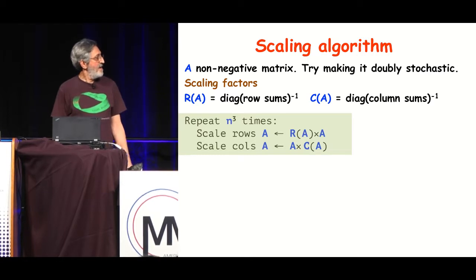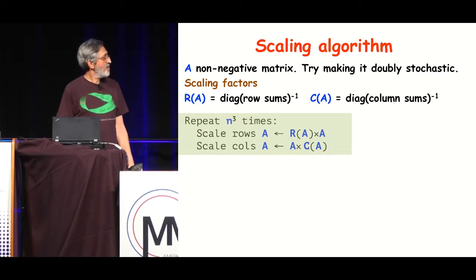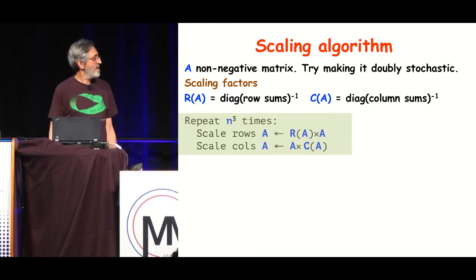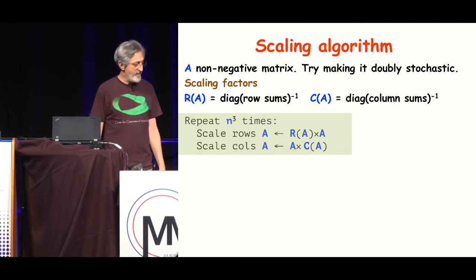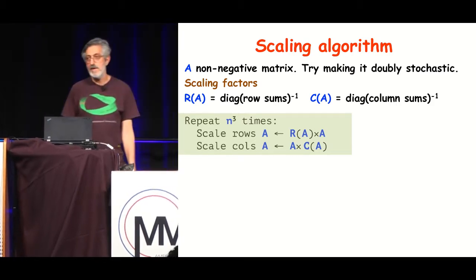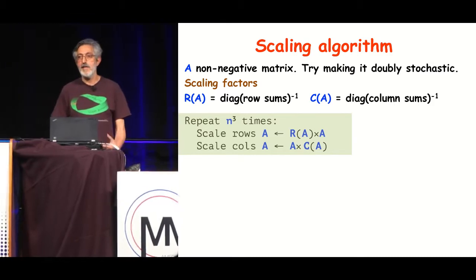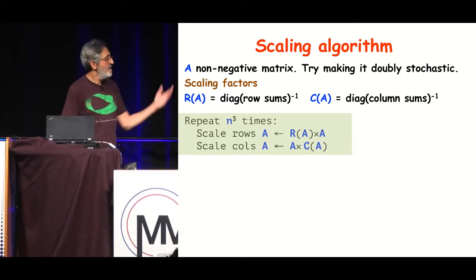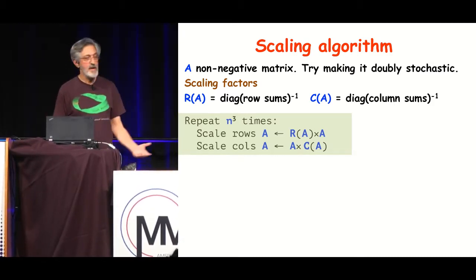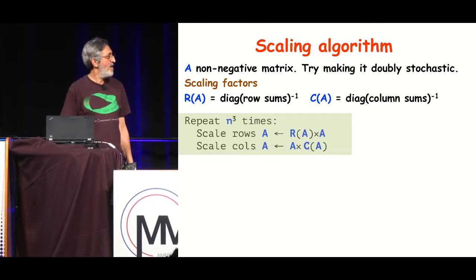Let me give a more formal description of this algorithm. We are just given this non-negative matrix A. The algorithm is this alternate scaling of rows and columns. The scaling is very easy to calculate, by how much we should scale every row or every column, these scaling factors. And we just run this algorithm.